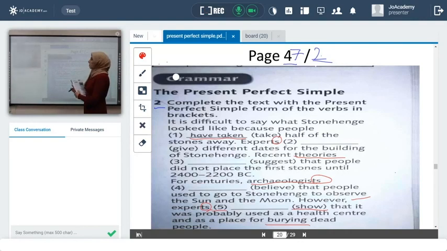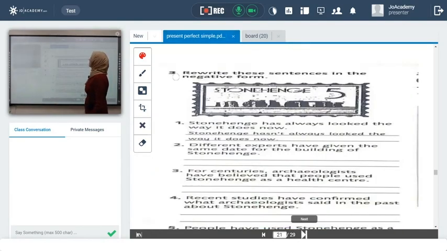It is page 48. And it is exercise number 3. What's this in the picture? It's a stamp. Is it a new stamp or is it an old one? It is somehow an old one, and it has a Stonehenge picture on it.